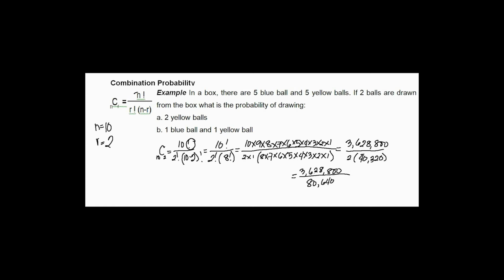If you divide 3,628,800 by 80,640, the result will be 45.